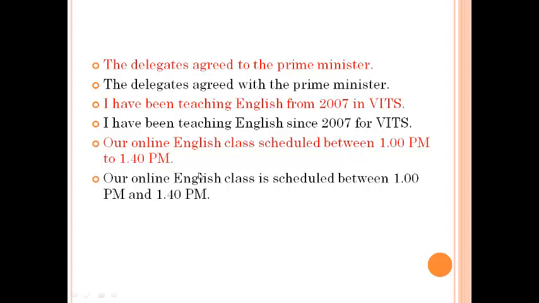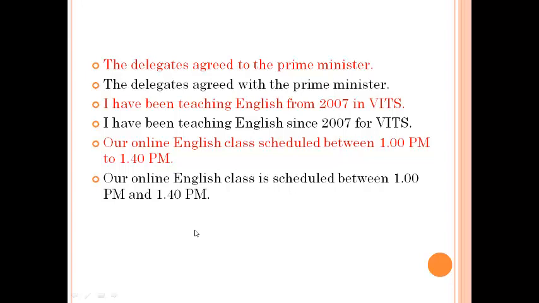"Our online English class is scheduled between 1 p.m. to 1:40 p.m." Many people use this wrong form. Between to is wrong. Whenever we use between, it should be followed by and. So the correct one is "Our online English class is scheduled between 1 p.m. and 1:40 p.m."